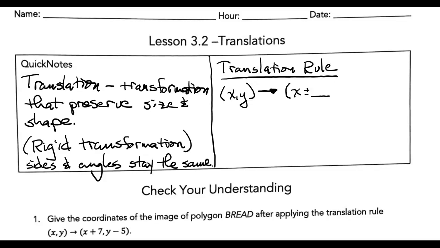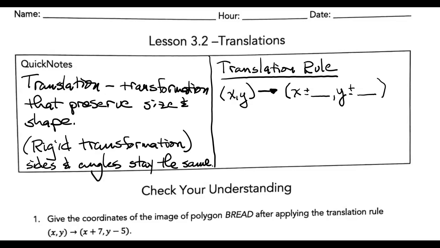So it's going to be x plus a number, which would mean we're taking our original x values. If we use a plus, we're going to move it to the right to find the new spot. Or if we're subtracting, we're going to move it to the left to find our new spot. And then we'll do the same thing with the y's. We're either going to go plus for up to move the original point up, or minus to move the original point down.